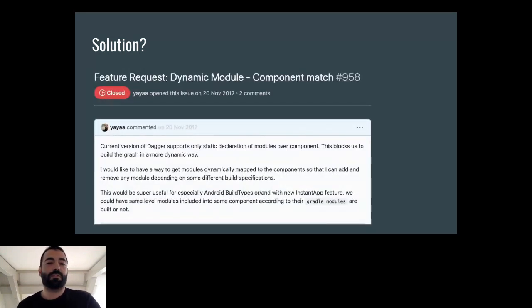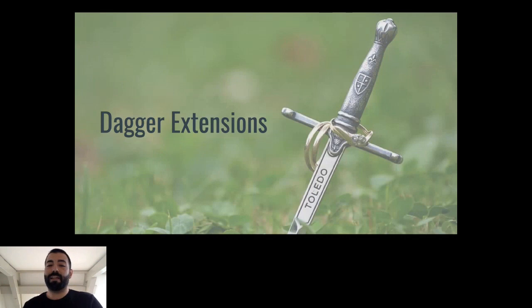It got closed immediately because I wanted to have it integrated directly into Dagger, so we could have the benefit. But now we don't need Dagger to have this because we have the Dagger extensions, which I'm going to talk about, Hilt and Anvil, and why they are called extensions, because they generate code that Dagger will use.